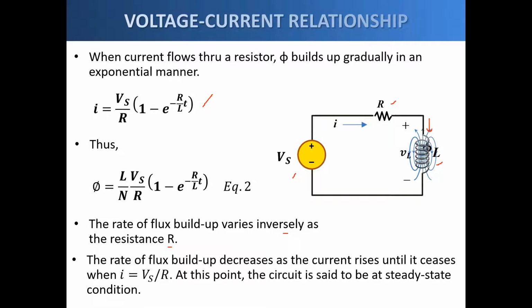For the series RL, the rate of flux buildup decreases as the current rises until it ceases when I becomes a constant at V sub S over R, at which point the circuit is said to be at steady state condition.